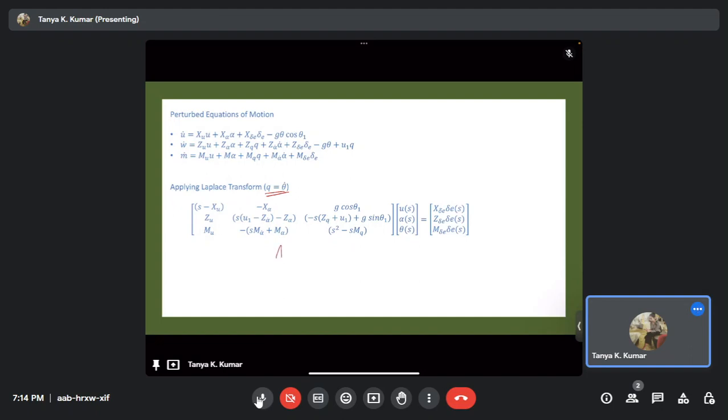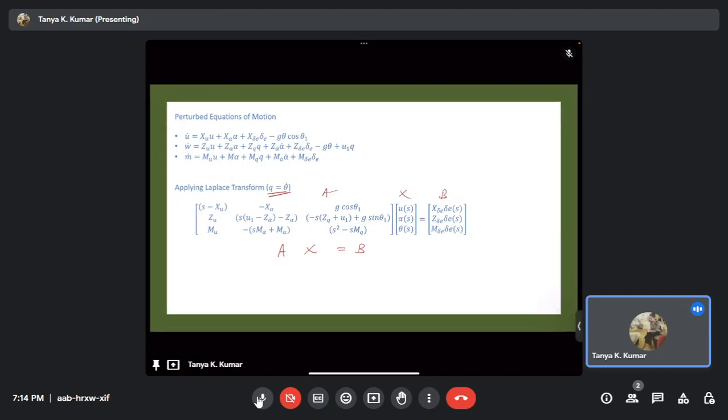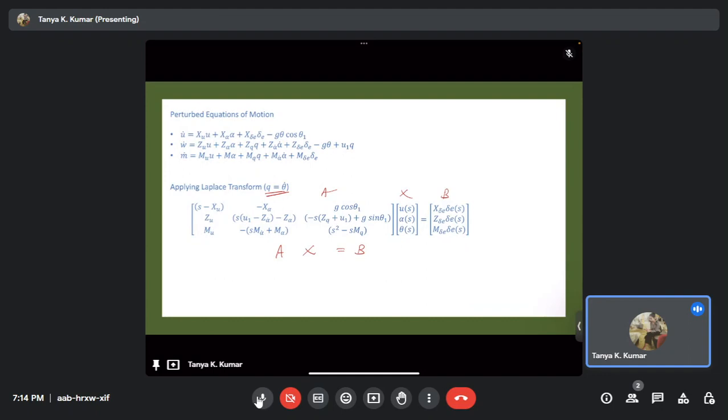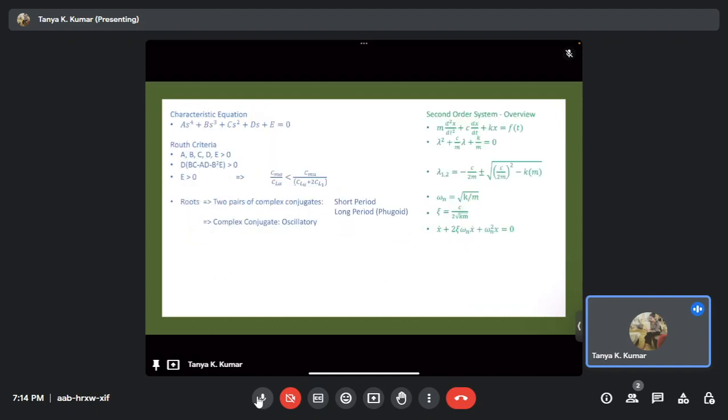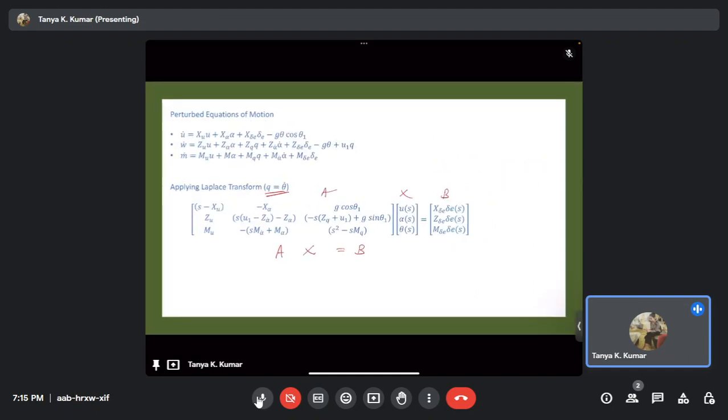So this can be equated to Ax equal to b, right? This is x, this is A, and this is b. Then you can perform your matrix calculations using these notations. Then we had seen, when you solve this, how do you find the characteristic equation of this matrix?